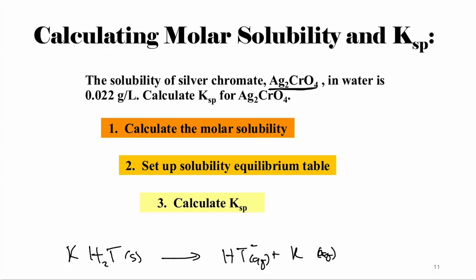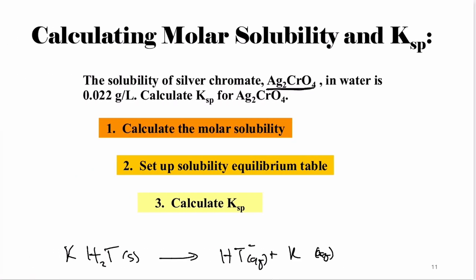So how are you going to calculate the molar solubility? If we're going to set up an equilibrium table, generally we do that in units of concentration. So if we're calculating the molar solubility, you're given that the solubility is 0.22 grams per liter. The way you interpret this is that you can dissolve 0.22 grams of silver chromate per liter of water.